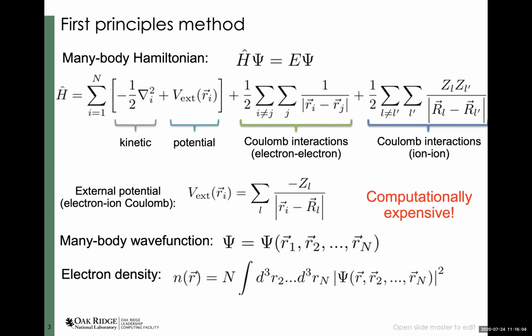So solving this is computationally expensive, and expensive is really expensive. The amount of work you need to do grows basically exponentially with the number of electrons in the system.